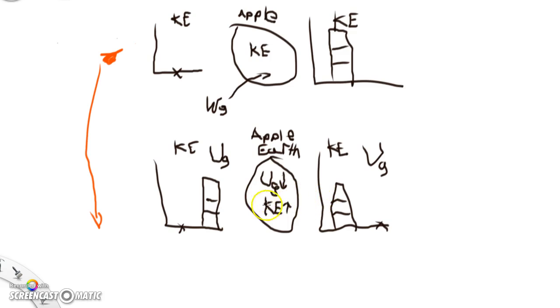And so in a system where the environment adds or takes energy, we call that an open system. And this example right here was of a closed system, because all the energy that we started with, we ended with. Okay, this was an open system before because we started with no energy and then ended up with energy.